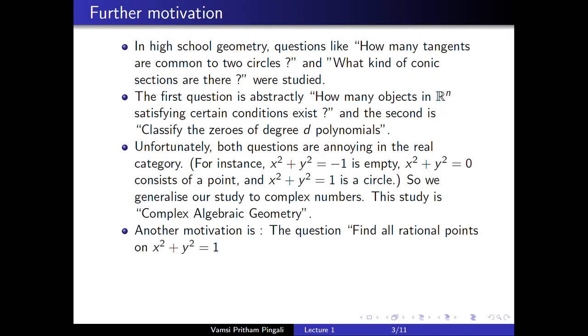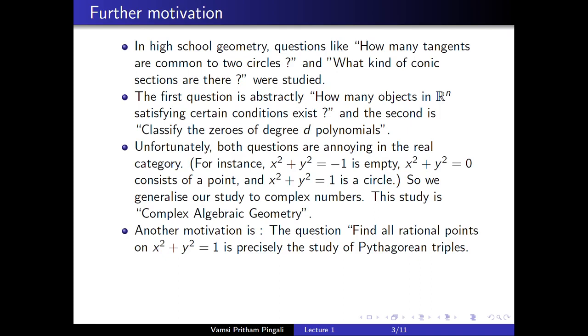Now there's another motivation arising from number theory. If you look at the circle x squared plus y squared equals 1 and ask what the rational points on the circle look like, meaning x and y are rational numbers, this is precisely the study of Pythagorean triples, namely things like 3 squared plus 4 squared is 5 squared.